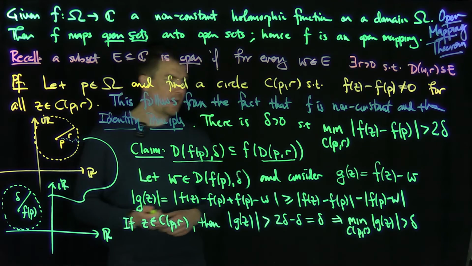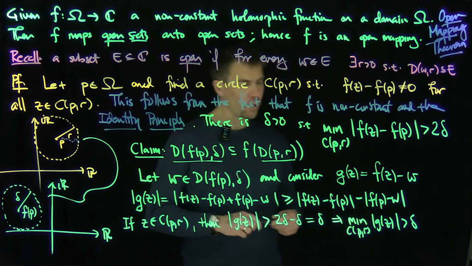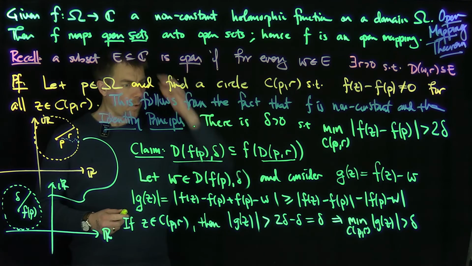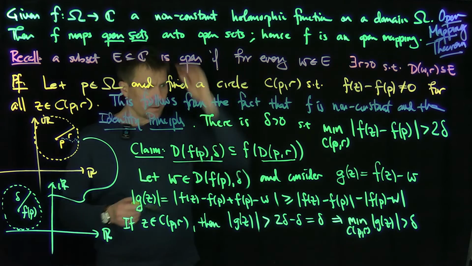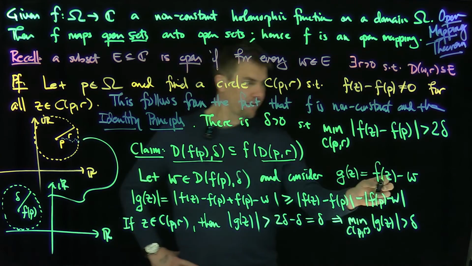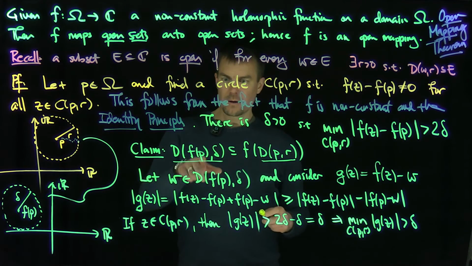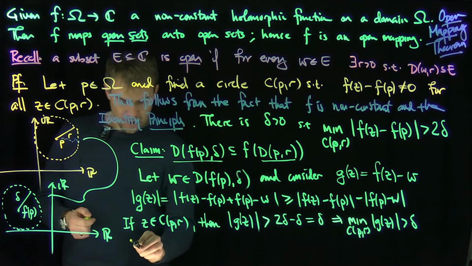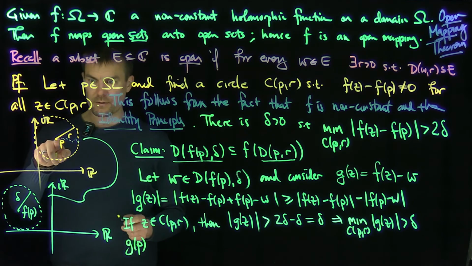But now what can I say about g(p)? So the minimum on the boundary is bigger than delta, but what happens at p? g(p) is at the center of this circle.